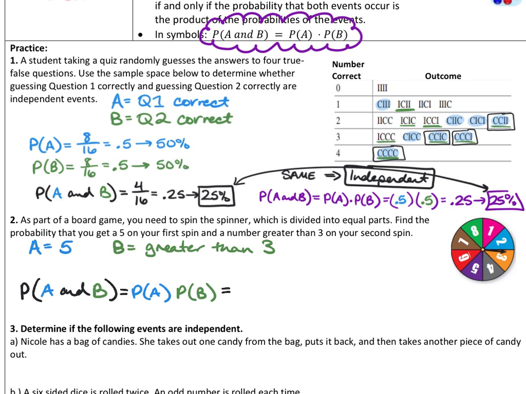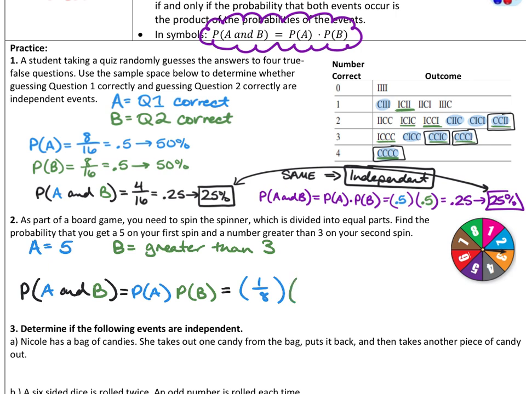Okay, on this spinner, how many opportunities do I have to roll a 5? 1 out of how many total opportunities? 8. There's my probability for A. I'm not doing them as separate problems this time, I'm just doing them together.